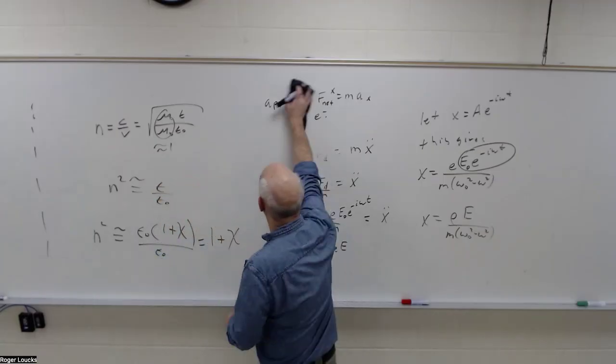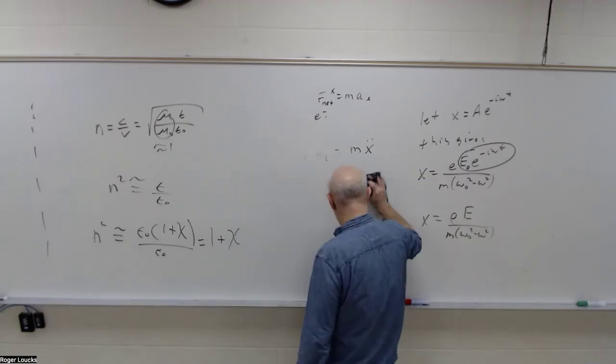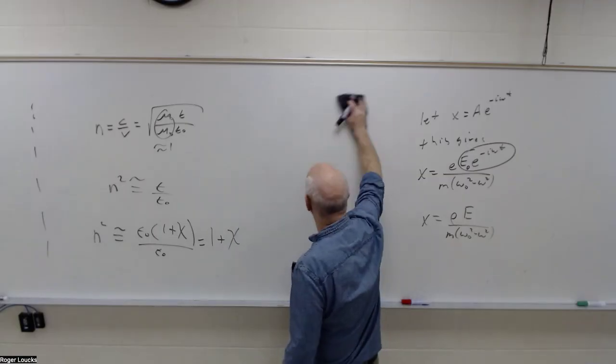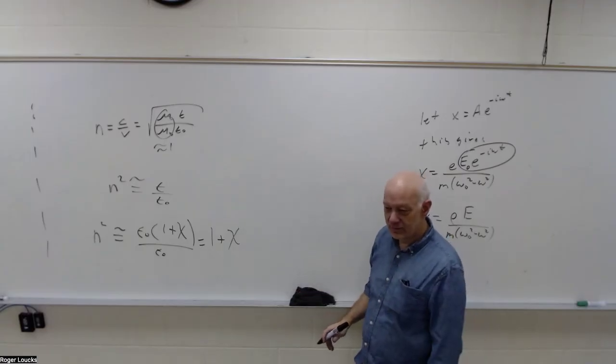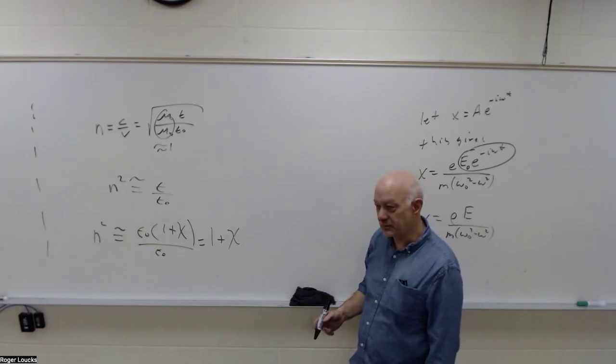What do we say about our buddy chi? You can also write that as a diagonal 3 by 3 matrix. First, we're going to consider linear homogeneous isotropic type.